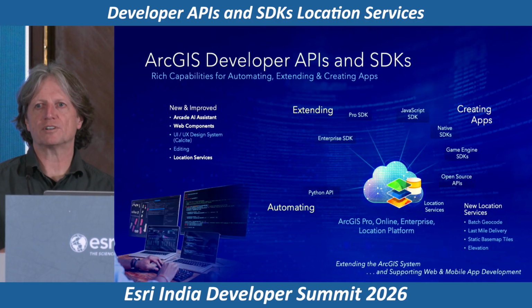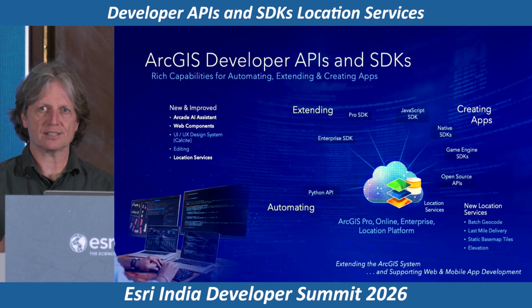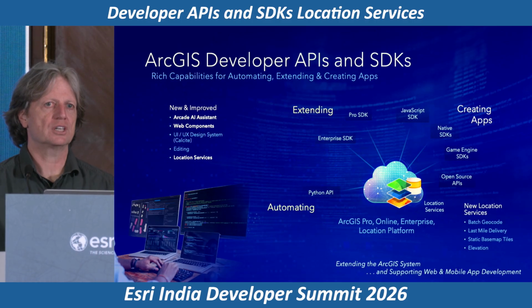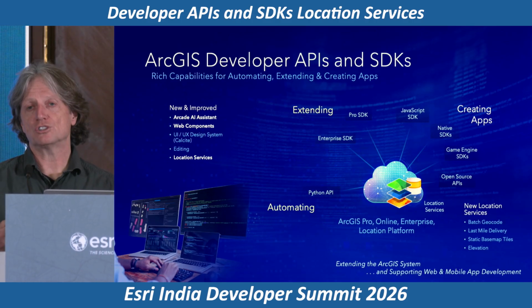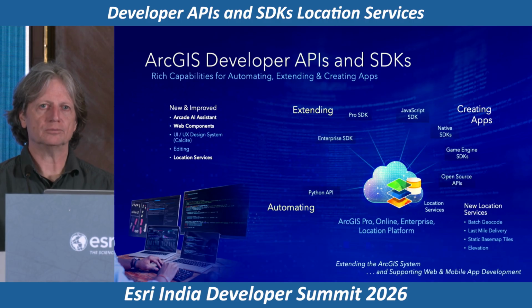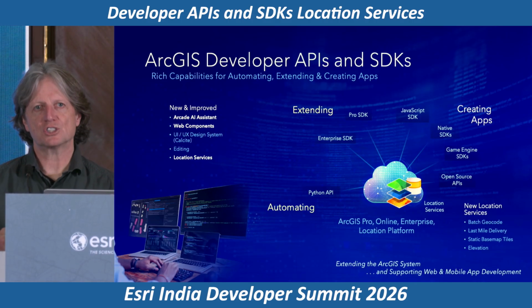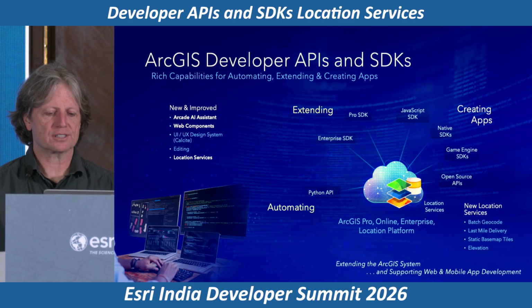Or you could use one of our Maps SDKs, one of the 8 Maps SDKs to build applications. Or you could use open source APIs if that's what you prefer to do. But all of these APIs sit on top of a set of location services that are provided by ArcGIS Enterprise, Location Platform, and ArcGIS Online.